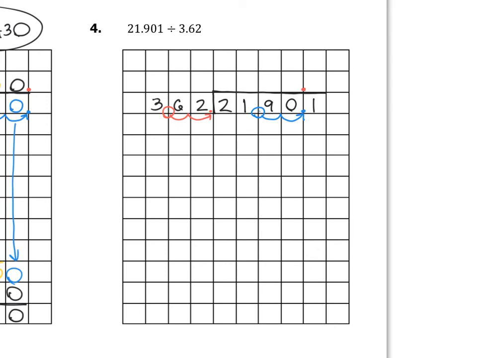So I'm going to take 362 times 6, and when I do that, I get 2,172. Since this is smaller than 2,190, that means 362 will go in 6 times, so I place my 6 above my 0 in my ones place, and now I can multiply, which I did already, and subtract.